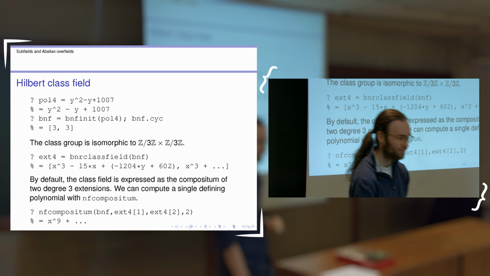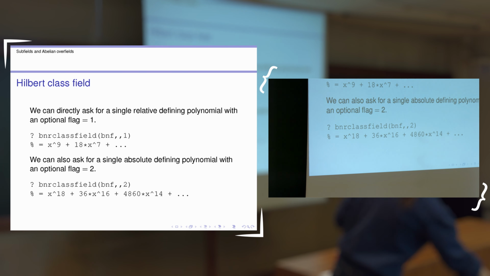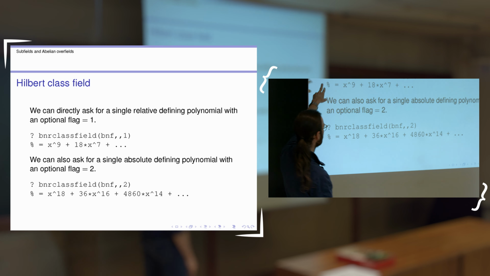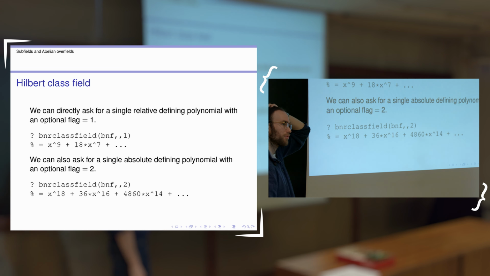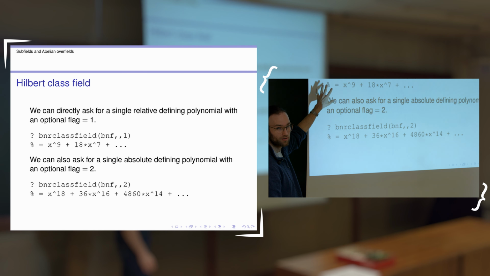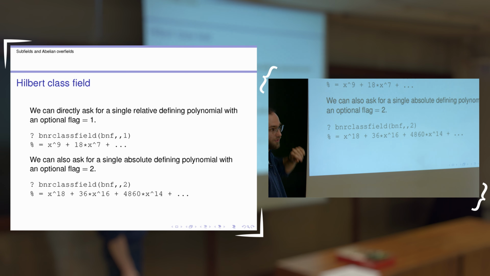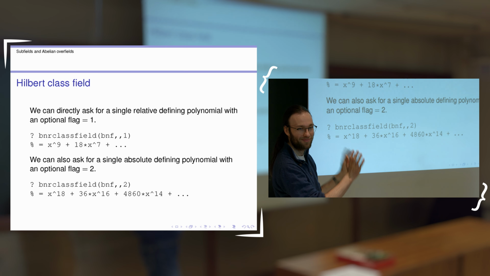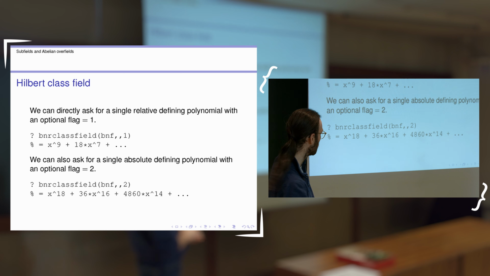But also bnrclassfield is randomized, and you don't get the same polynomial every time. You can try this command several times; you might get a bit smaller polynomial, or the next time you run it, a bit larger. I really think I'm doing some polredbest somewhere in this function, so that might be the reason. I just don't do the last one because it's always the most expensive one.